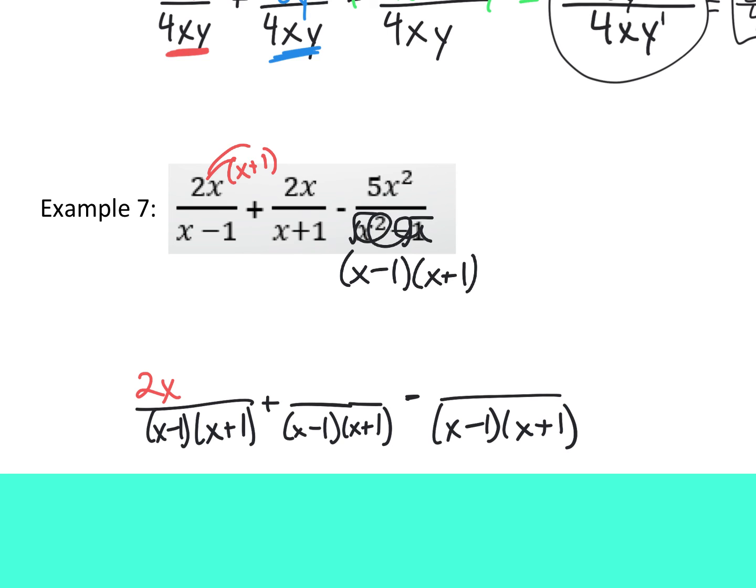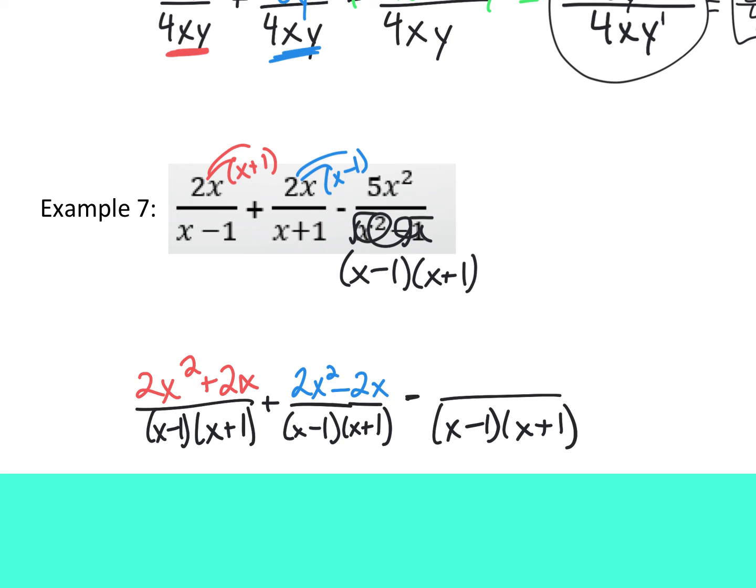2x squared plus 2x. Remember? Okay. Next one. Multiply by x minus 1, and that would become 2x squared minus 2x.